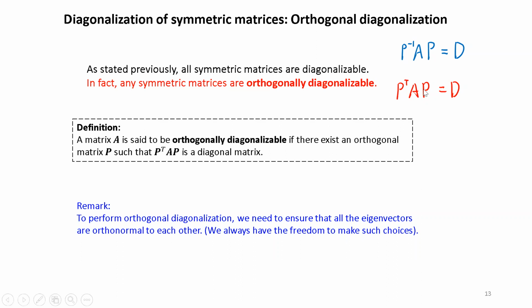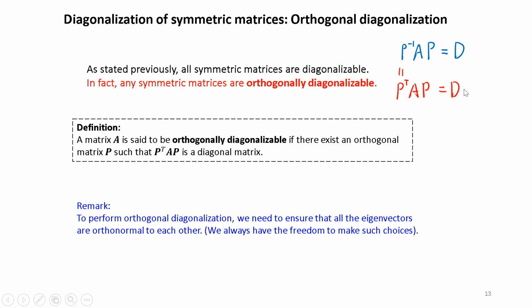So if you find that a matrix can be diagonalized using this process, that is, you find this P and P inverse, and you realize that this P inverse actually equals P transpose, then this is known as the orthogonal diagonalization.